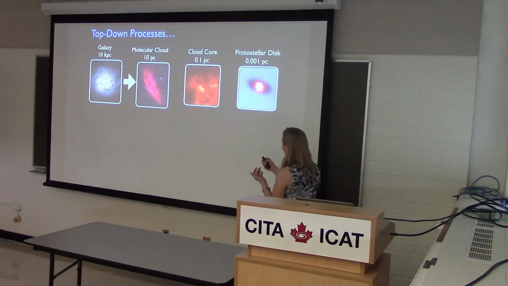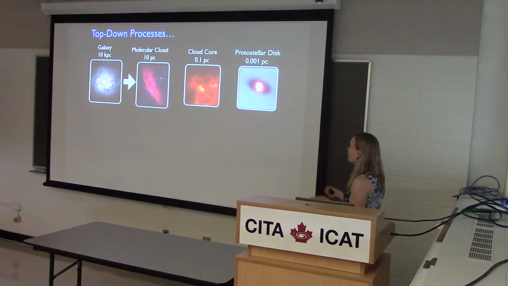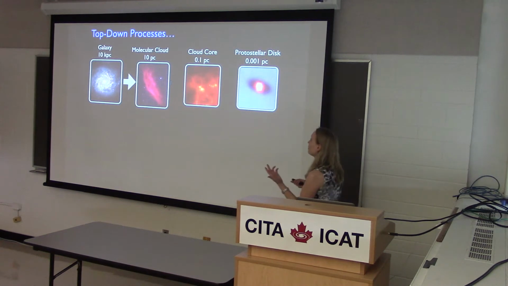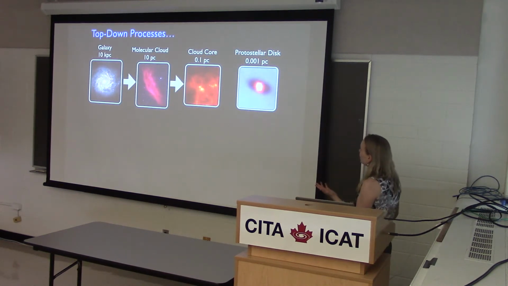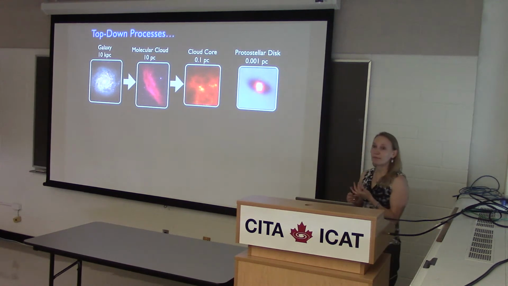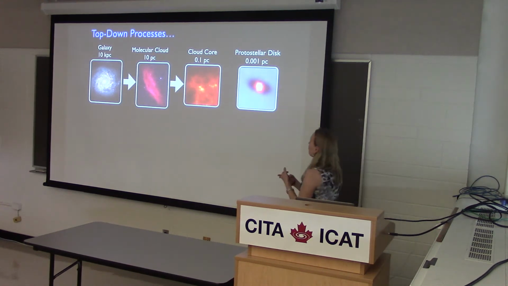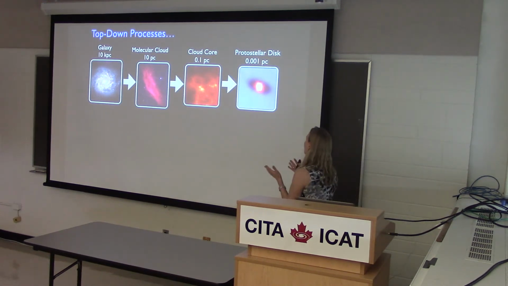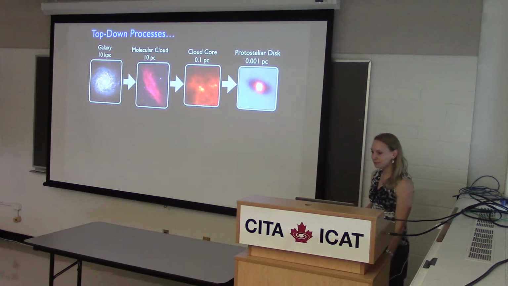In turn, the dense cores that form within the clouds inherit their properties, mass, and local magnetic field strengths from their natal cloud, and the properties of these dense cores, their angular momentum, turbulence and magnetic properties, in turn set the formation at the smallest scales and the formation of protostellar disks and the accretion process.